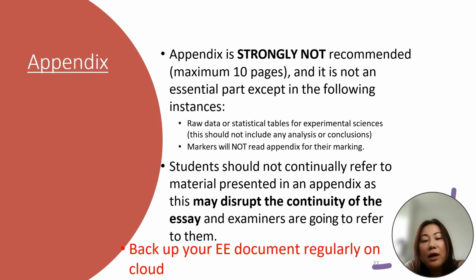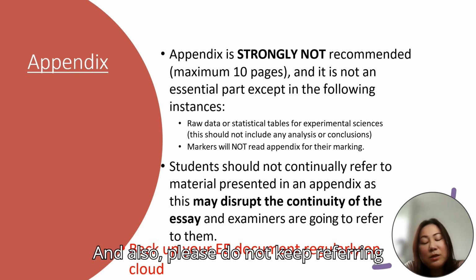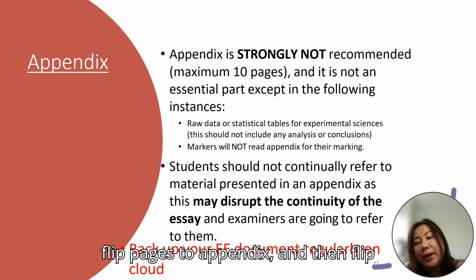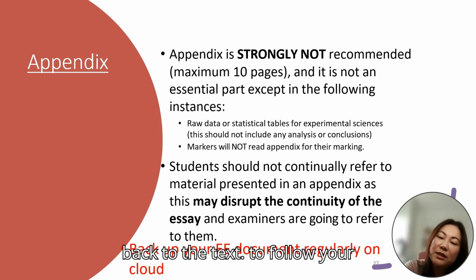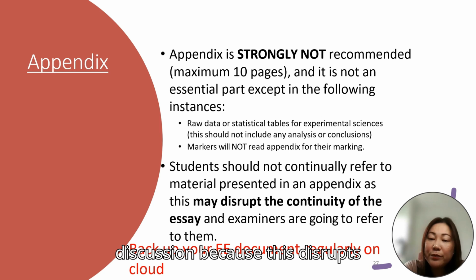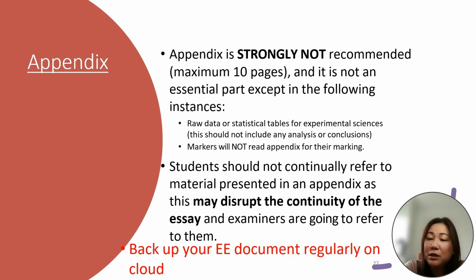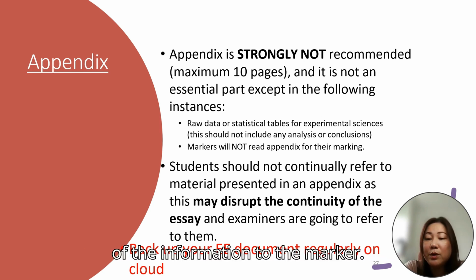Also, please do not keep referring your EE marker to flip pages to the appendix and then flip back to the text to follow your discussion, because this disrupts the continuity of their reading and affects the communication of the information to the marker.